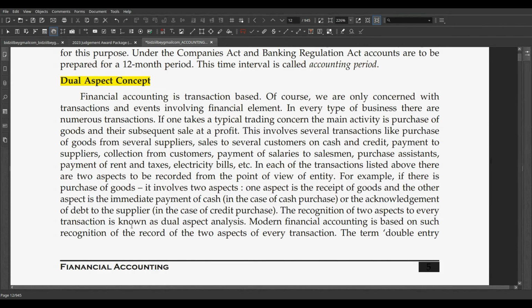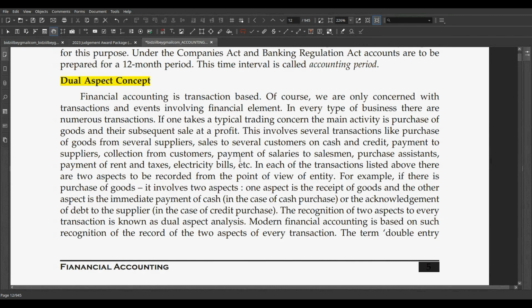This involves several transactions like purchase of goods from several suppliers, sales to several customers on cash and credit, payment to suppliers, collection from customers, payment of salaries to salesmen, purchase of assistance, payment of rents and taxes, electricity bills, etc.